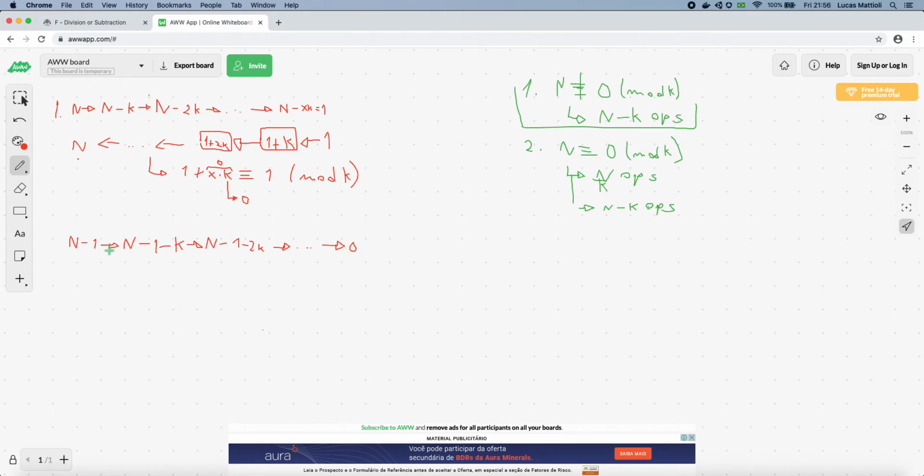Because what we have made here is put a minus 1 in every operation, and this is similar to this whole chain of operations here, just with every value shifted by 1.